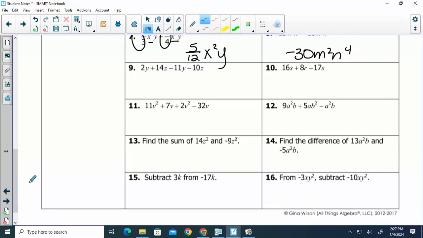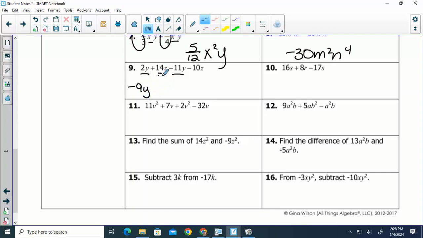Right. Number 9, what changed? Are all of these like terms? No. So we have to pick the things that go together. So 2y and negative 11y. So 2 minus 11 would be negative 9y.